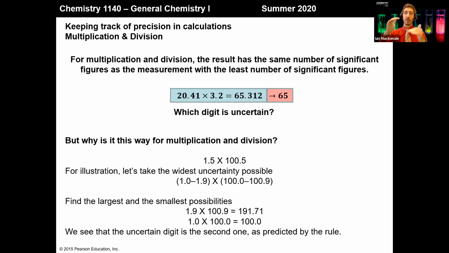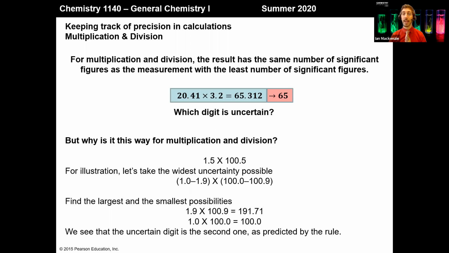Now, if I compare these two values, what I see is that the uncertainty comes in the tens place. The uncertainty is in the tens place because in one case I have 191.7 and in the other case I have just 100. So the first place of change is the tens place, and the uncertain digit is the tens place digit.